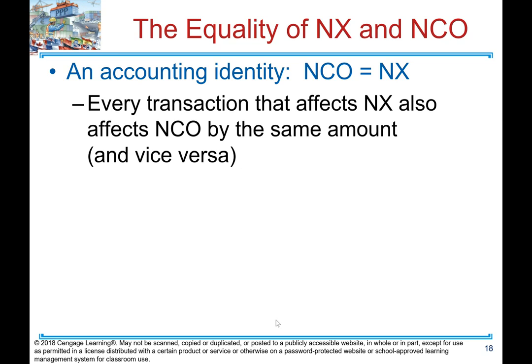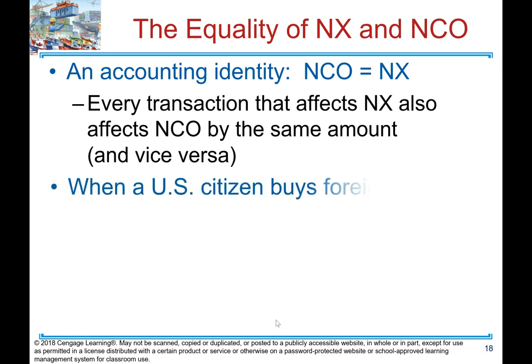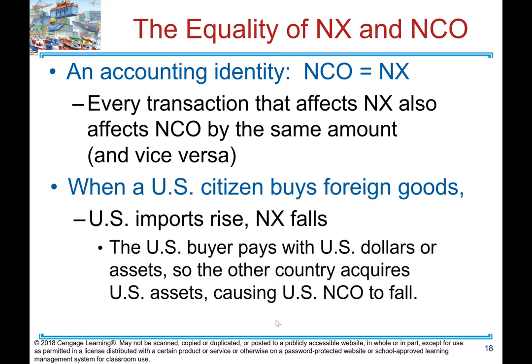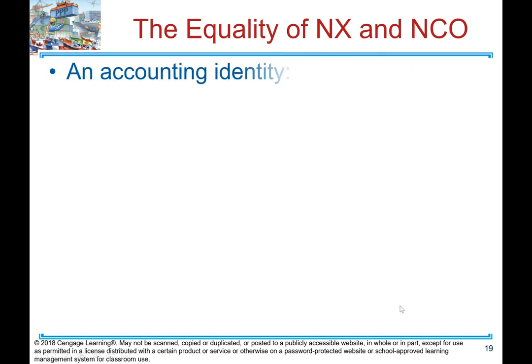Every transaction that affects NX also affects NCO by the same amount. When US citizens buy foreign goods, that is, US imports rise, net exports fall. The US buyer pays with US dollars or assets, so the other country acquires US assets, causing US net capital outflow to fall.